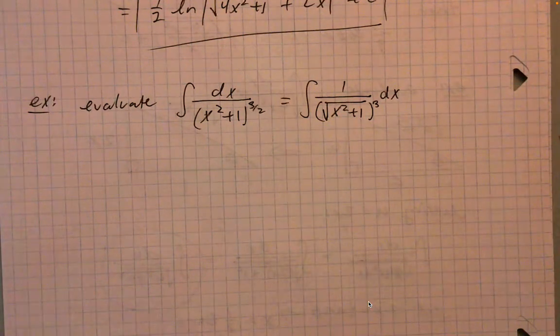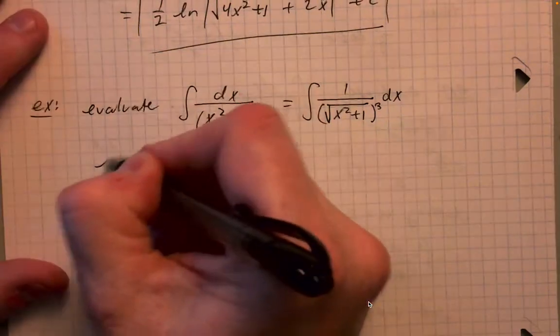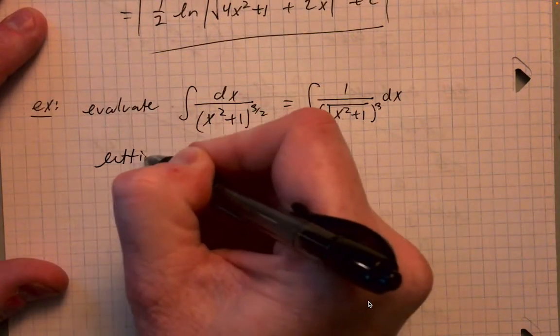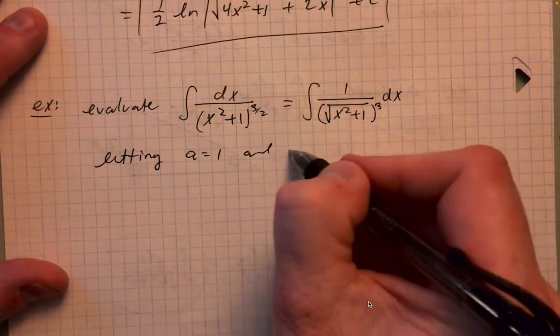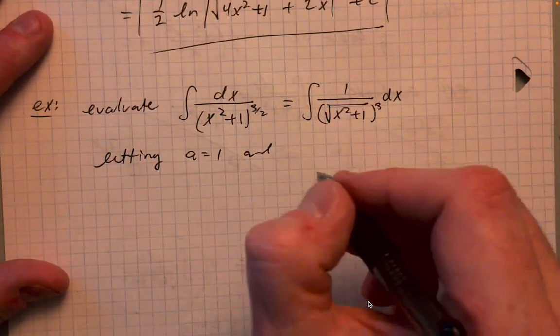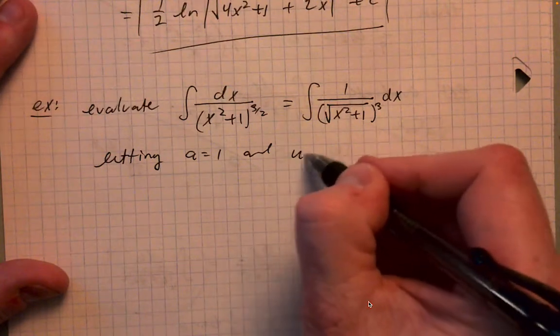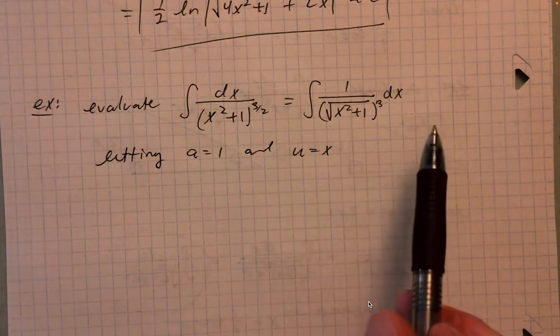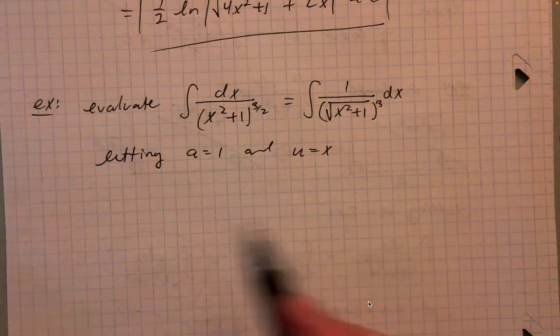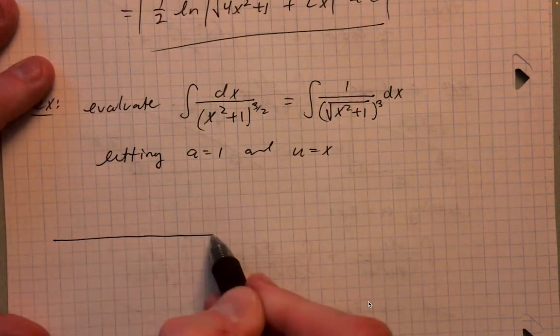Okay, so letting a equal 1, and of course u equal x, right? So that's going to spit out the form that we're interested in. So we'll have a triangle that looks like this.